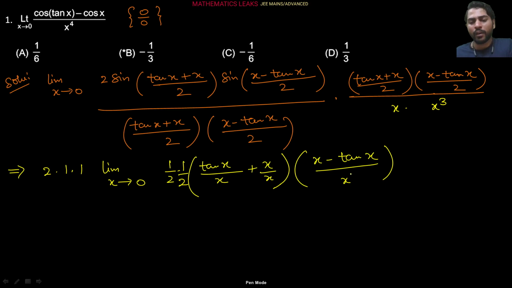That's it. Now from here you observe this 1 by 4 it is becoming, it is coming outside, so that is nothing but 1 by 2 only. And here tan x upon x, as x approaches 0, this given quantity is becoming 1 only. And x upon x, as x approaches 0, that is also what becoming here?